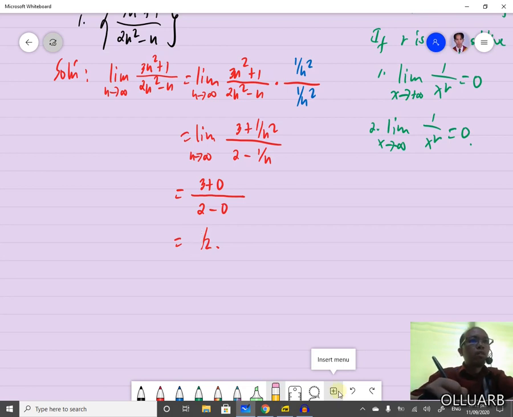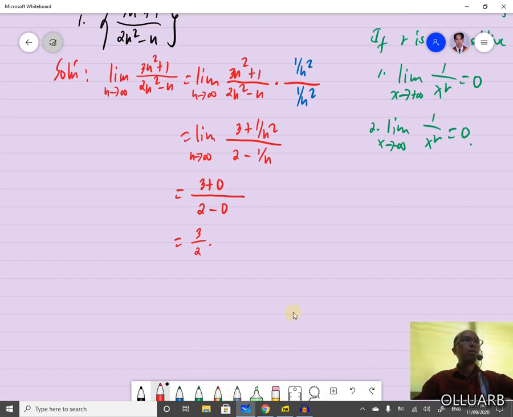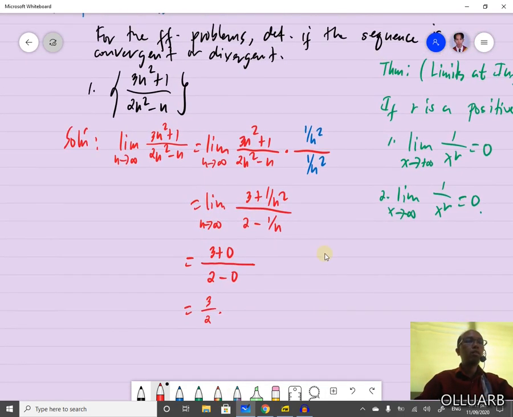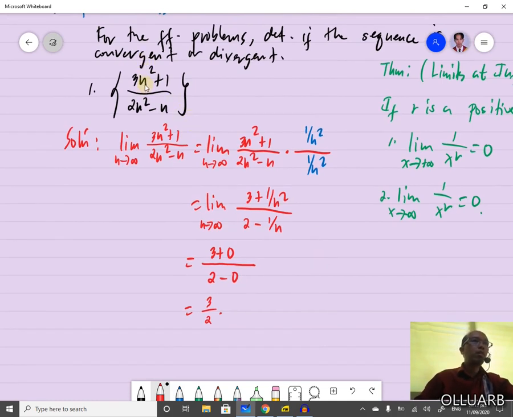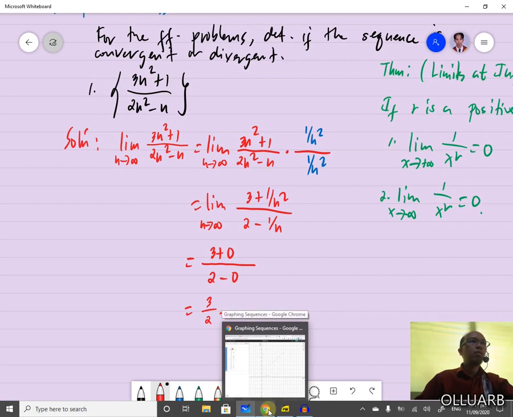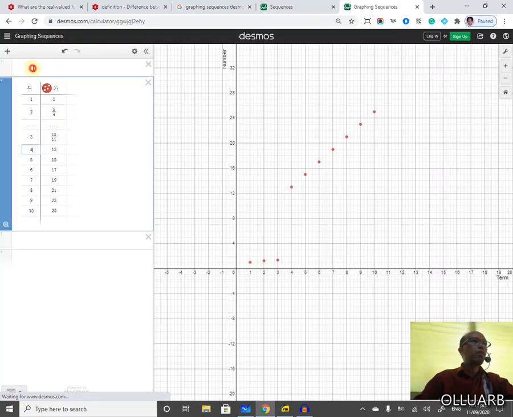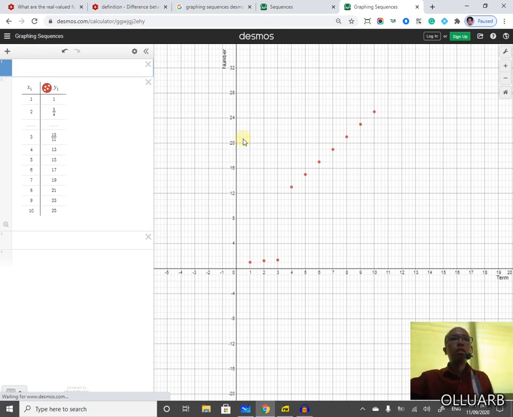3 halves. If you will try to graph it on a real line, not in a sequence, you replace your n with x. So let's try to graph this in Desmos.